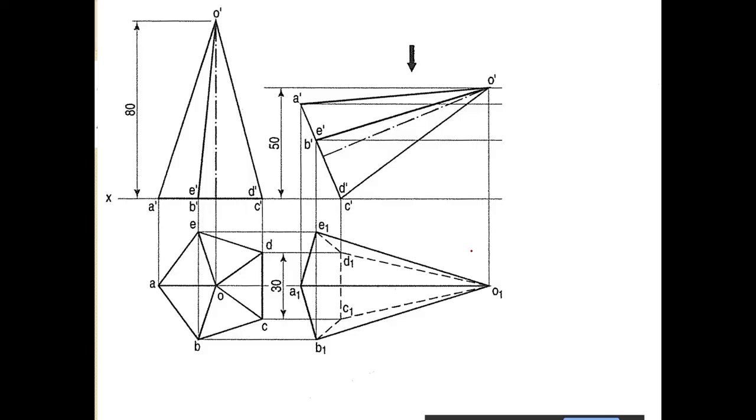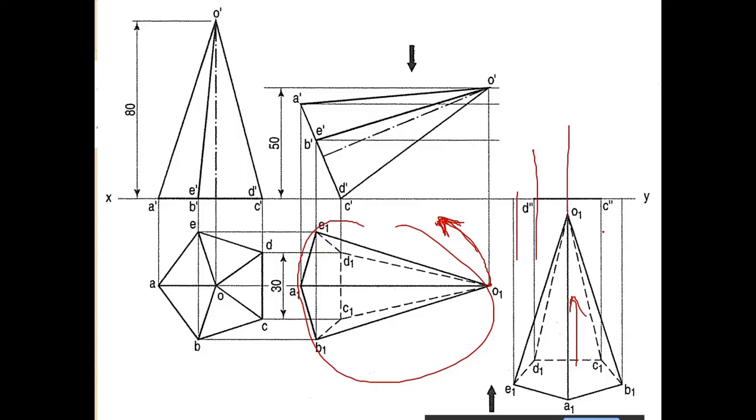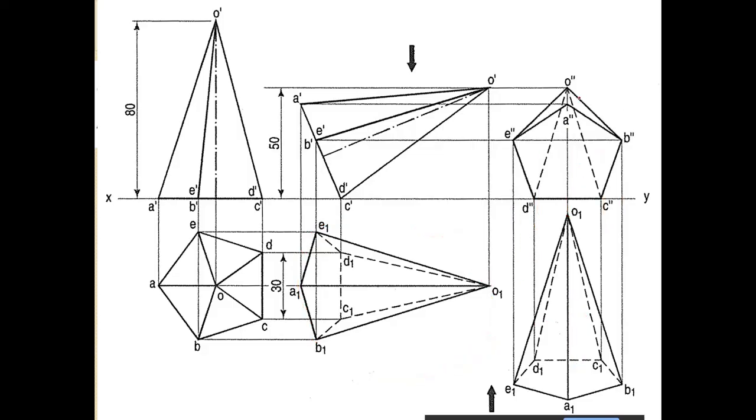Once we get the top view, now we have to point the apex. This apex we have to point towards the VP, so we will rotate this in this manner. Once we get that, again we project it up, and we get the front view.